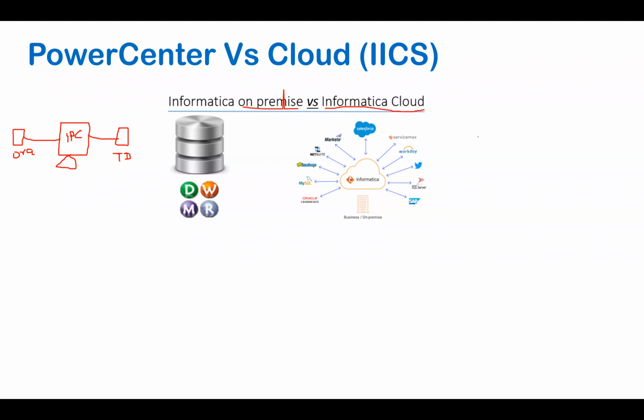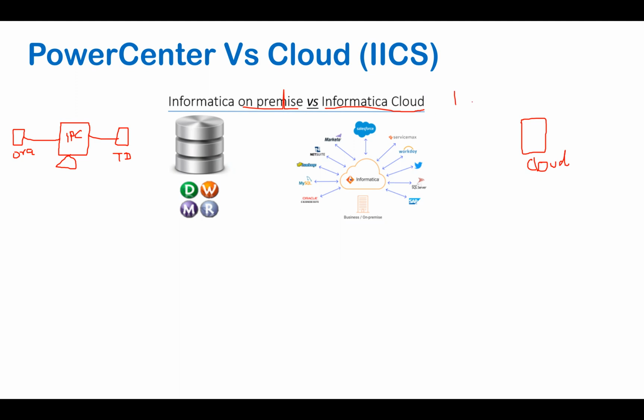But here, Informatica Cloud is maintained by Informatica Corporation. Whatever amount of data and resources you are going to use, you have to pay for that. It's a cloud server, and everything is maintained by Informatica Corporation.